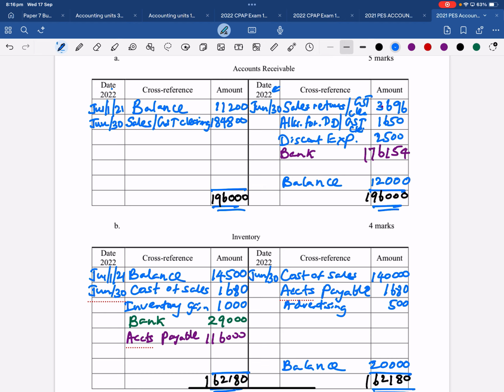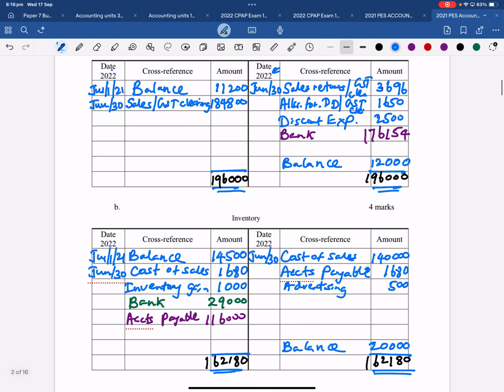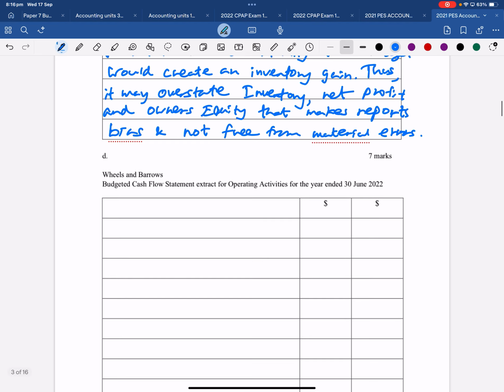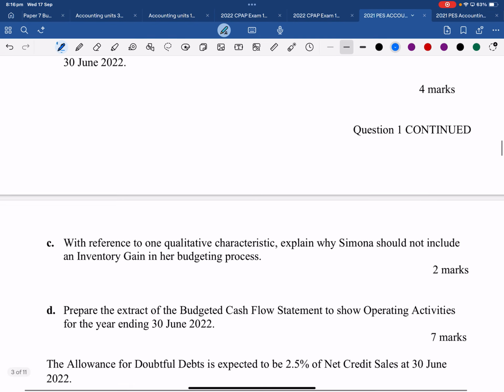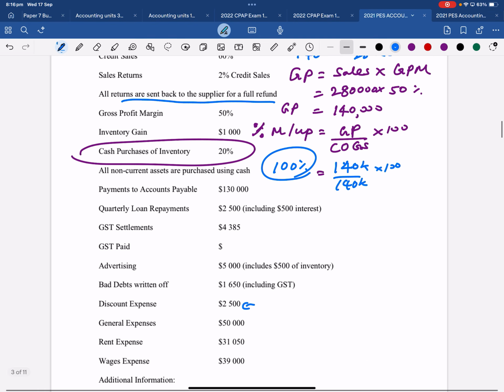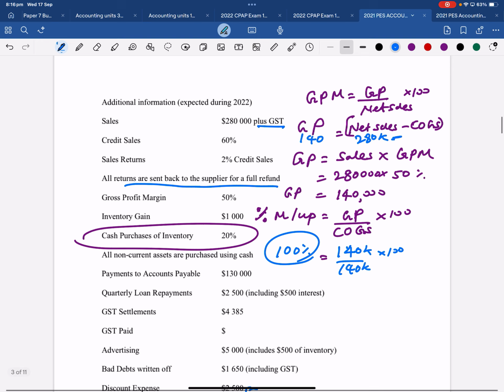However, if you want, we can start with the cash sales as well. Cash sales, how much? 40%. Yes, 40% means 112,000.